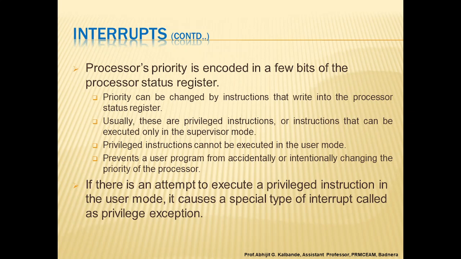The second option is to have the processor automatically disable the interrupt before it starts executing the ISR. After saving the contents of the PC and the program status register, the processor automatically performs the equivalent of executing an interrupt disable instruction, using one bit in the program status register.